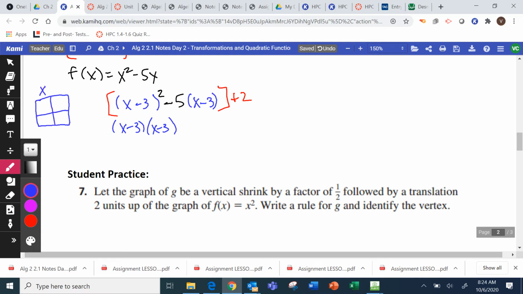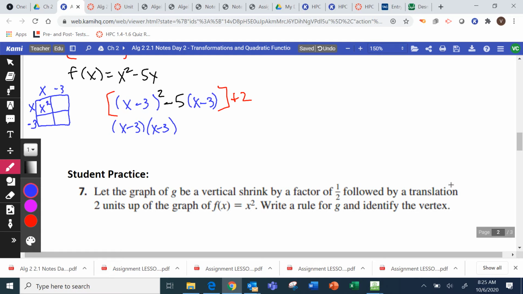Do x minus 3 and x minus 3. This is not actually my go-to method, but I just know a lot of people like this method. It's a visual method where we're basically finding area, but we're doing it in smaller chunks. So in this first box, if I do x times x, that's going to give me x squared.